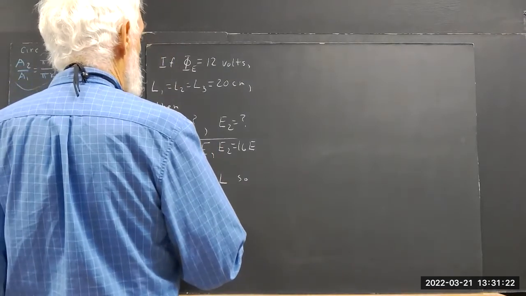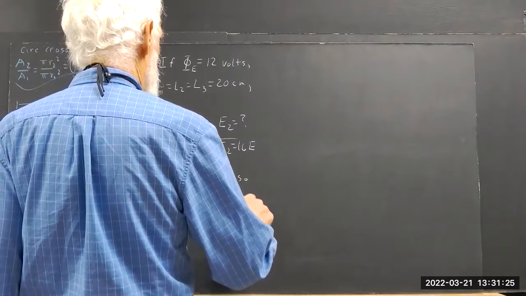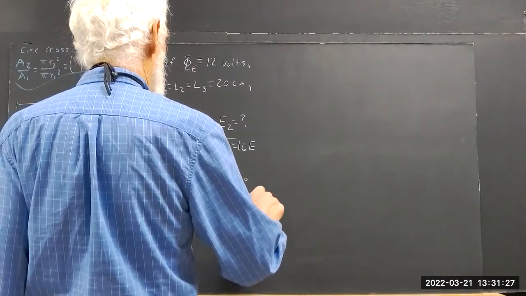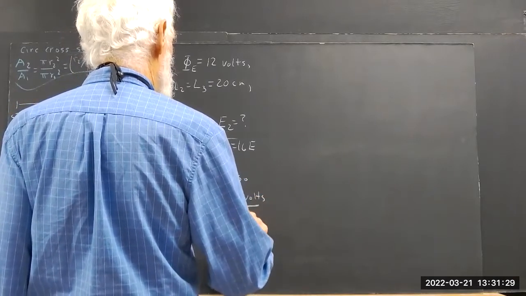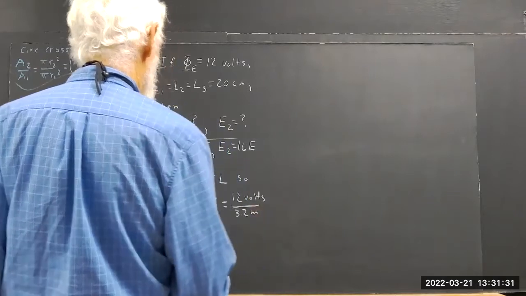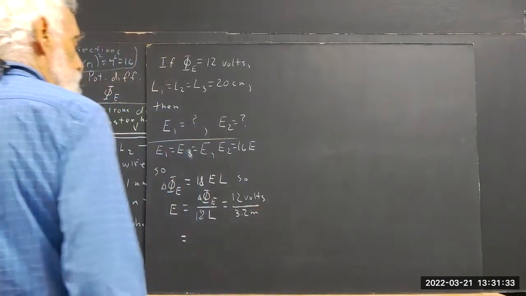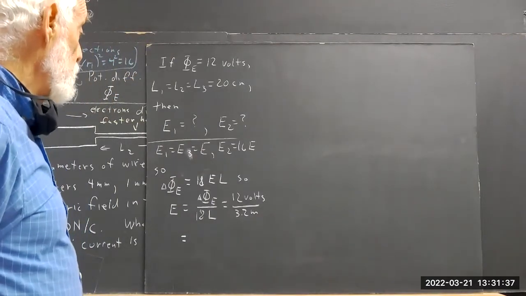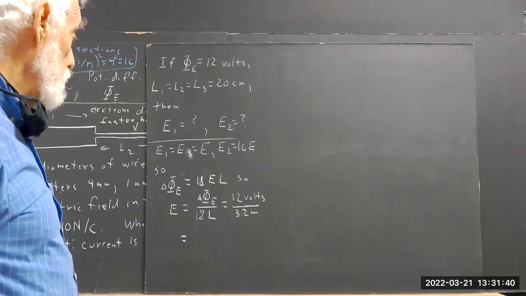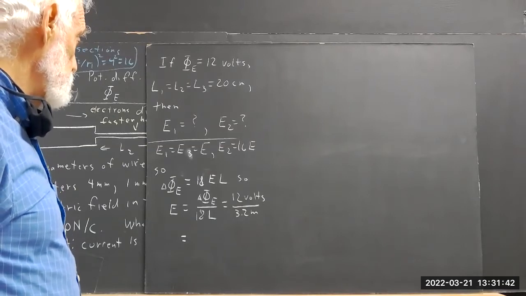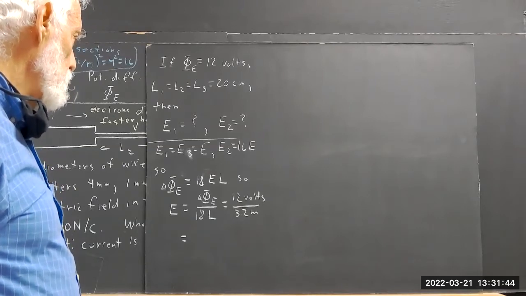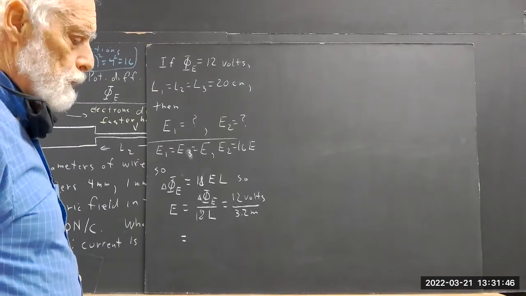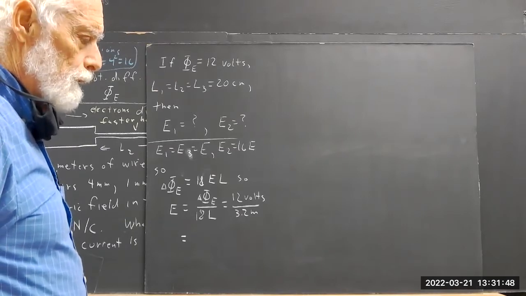So this is going to be 12 volts over 3.2 meters. Now let's see, 12 over 32 reduces down to 3 over 16, which is 0.1875.